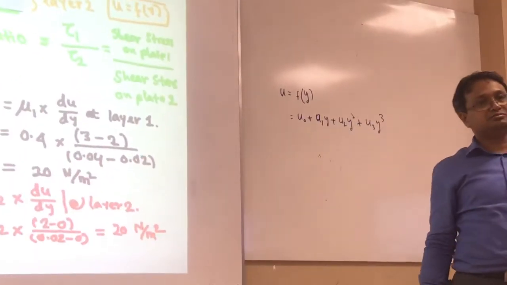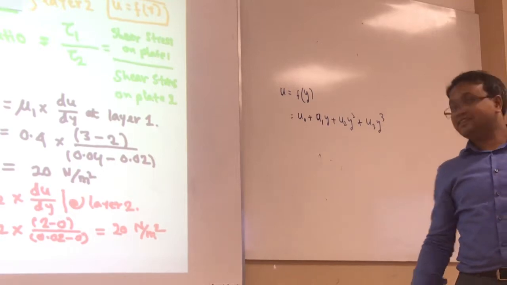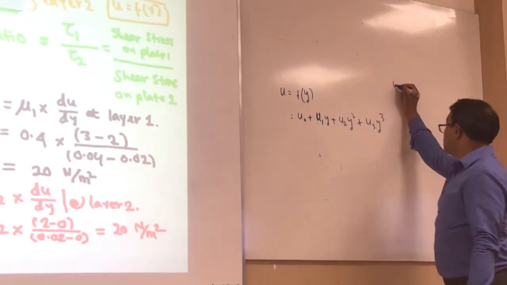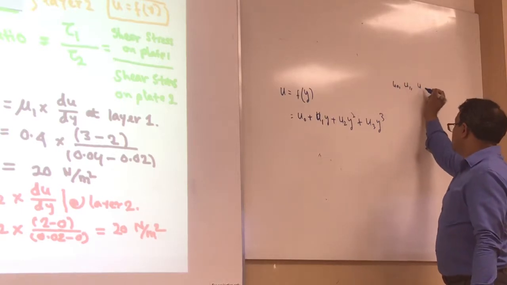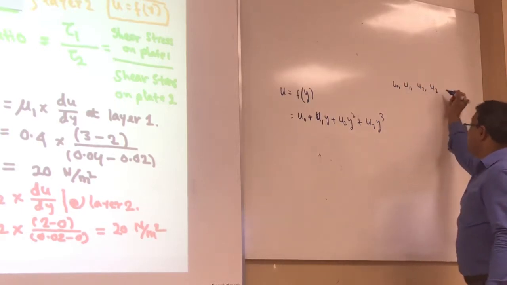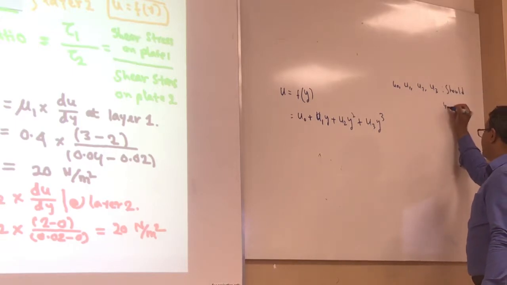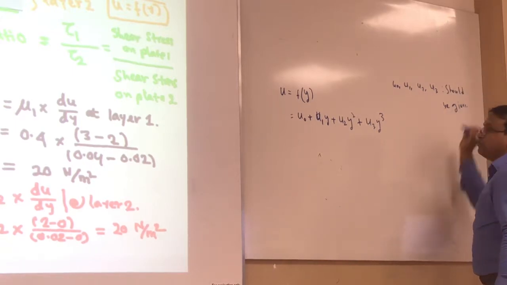Then what do you do? Complicated, right? In that case, these are all coefficients: u0, u1, u2, u3. All values should be given to you, otherwise you cannot solve it.